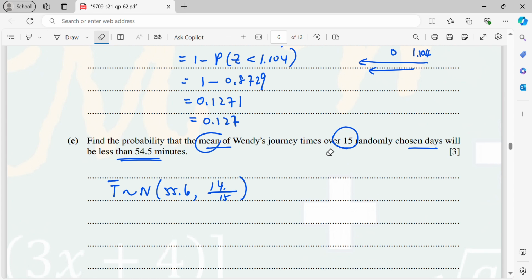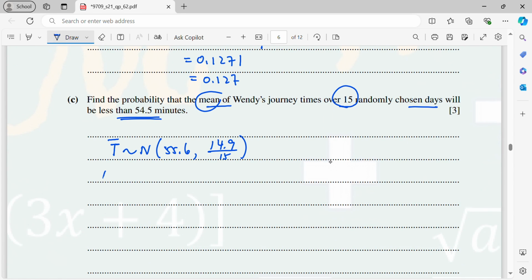And then you need to calculate the probability that it is less than 54.5. Right, so now again, standardize it since it is normally distributed. So less than (54.5 minus 55.6) over square root of 14.9 over 15.